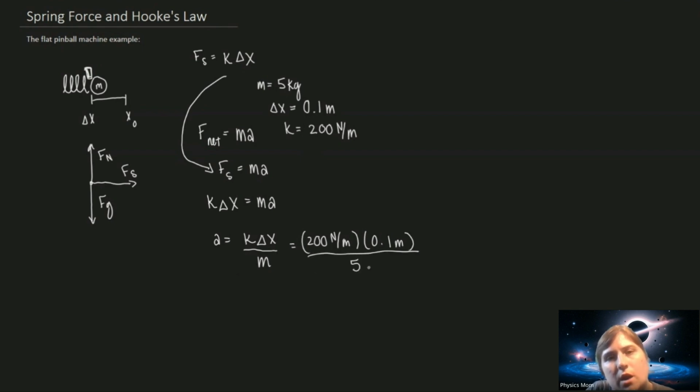This would be 5 kilograms. Meters cancel. A newton is a kilogram meter per second squared. The kilogram will cancel with this kilogram down here, leaving just meters per second squared. I will end up with 4 meters per second squared as the acceleration that would happen on this ball.